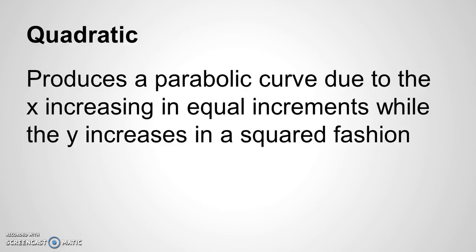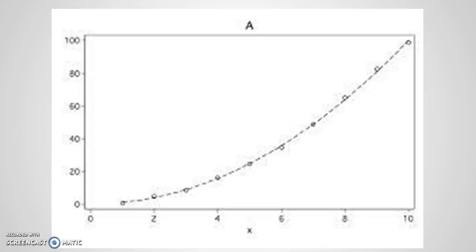Recall that as in the linear, when there is no y-intercept, or the intercept point is the origin, the value for the intercept is 0. Here we see the parabolic curve that would result from a quadratic relationship. I will remind you that we will use the trick of pairing P and Q. So parabolic goes with quadratic.